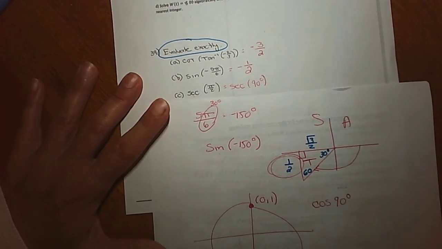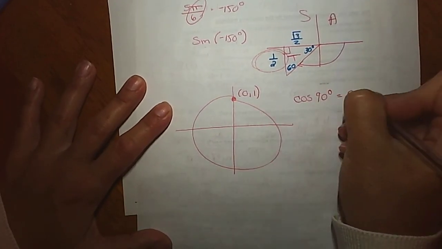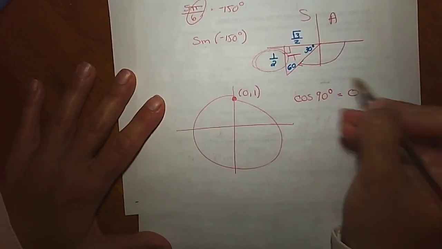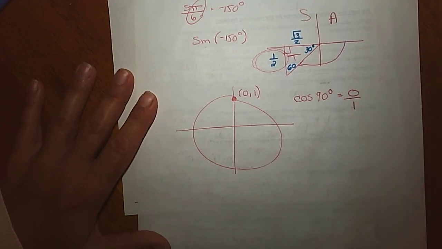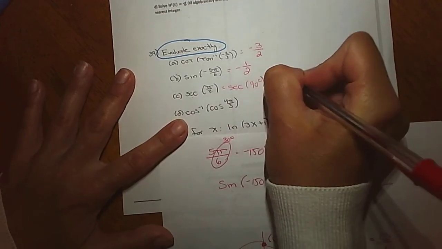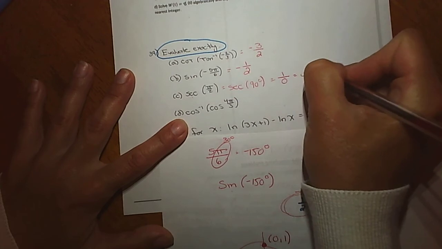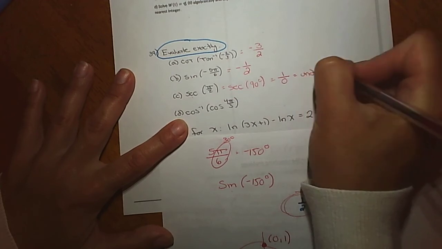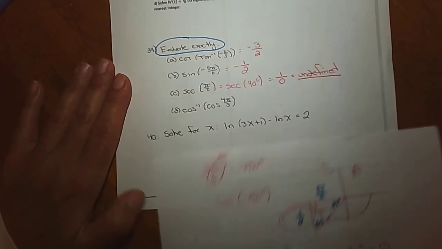So what would cosine at 90 be? Well, cosine at 90 is 0. How do you write 0 as a fraction? Okay, that would be 0 over 1. So the reciprocal of that would be 1 over 0. So the answer to that would be undefined. So undefined is the answer to letter C.